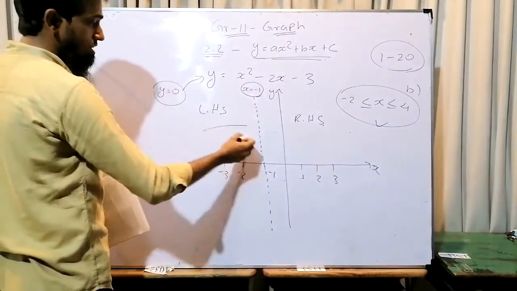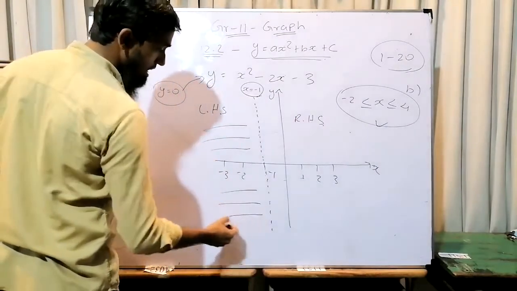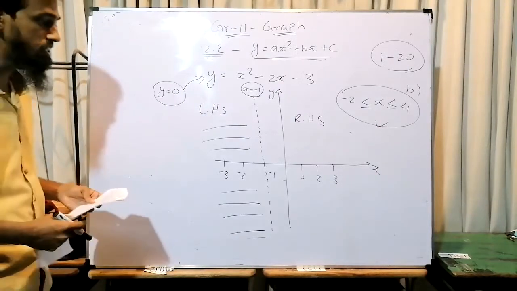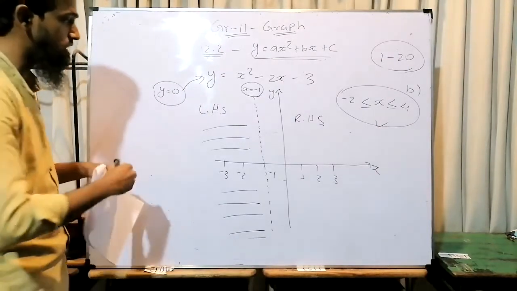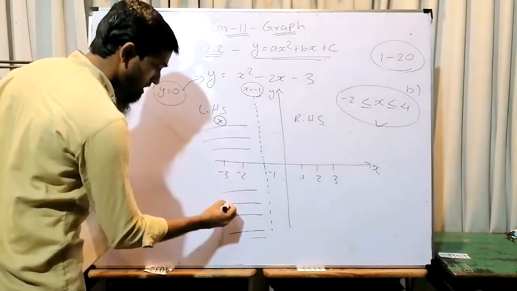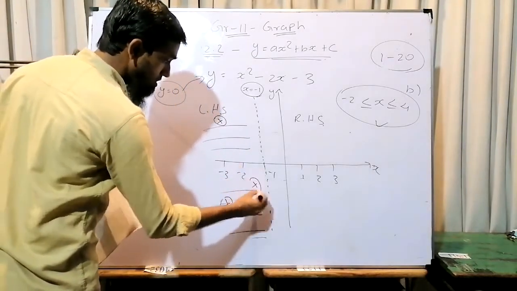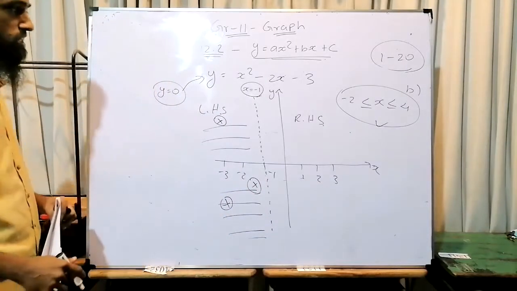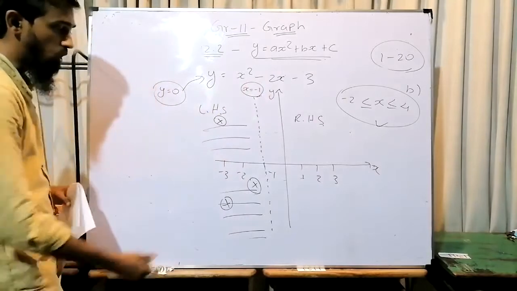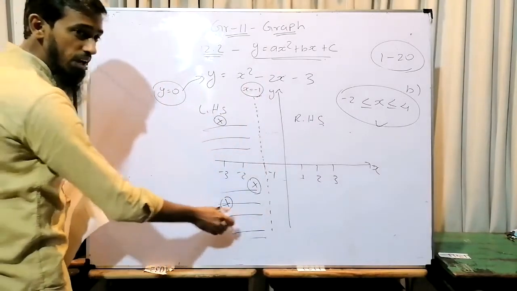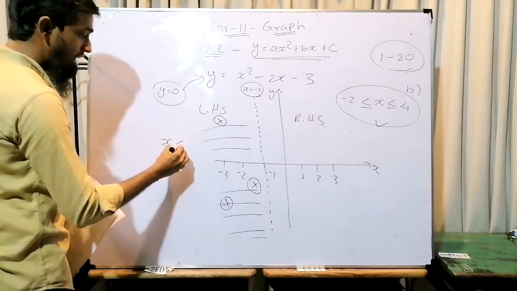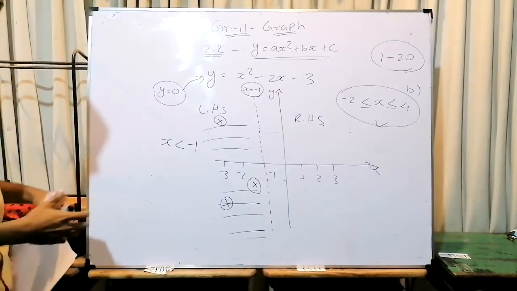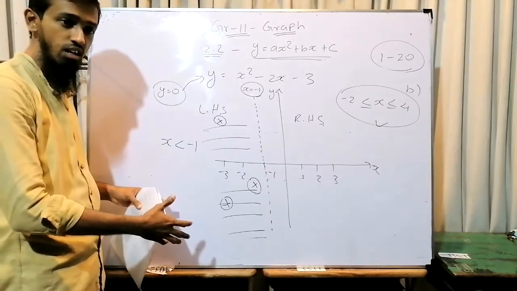So if you check the values of x on the left hand side, what can we say? If you take any point here, what is the value of x on the left hand side of x equal -1? All the values of x are less than -1. Is that correct? We discussed those things in grade 10.